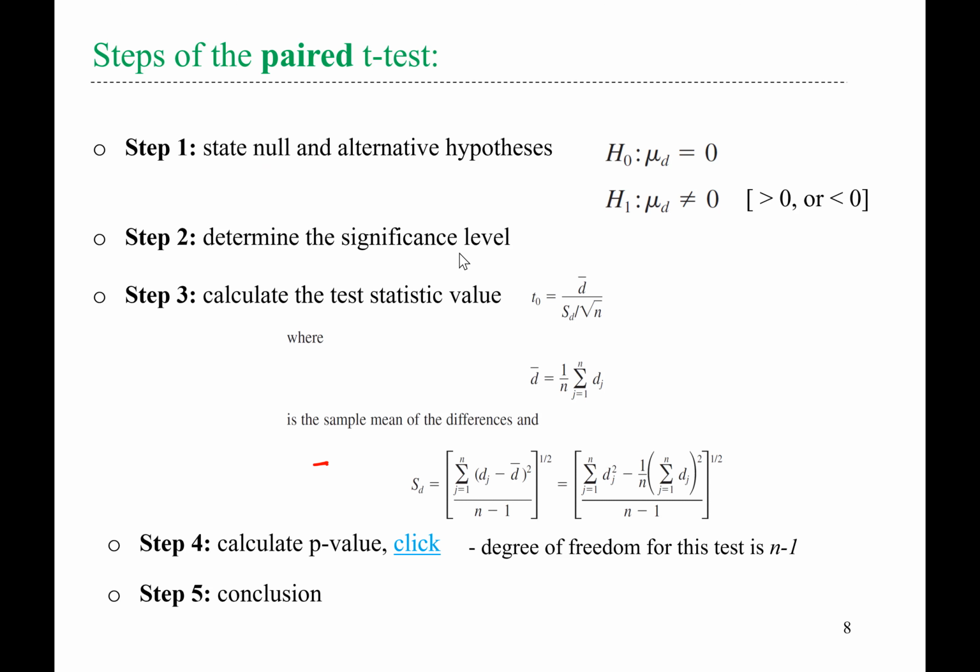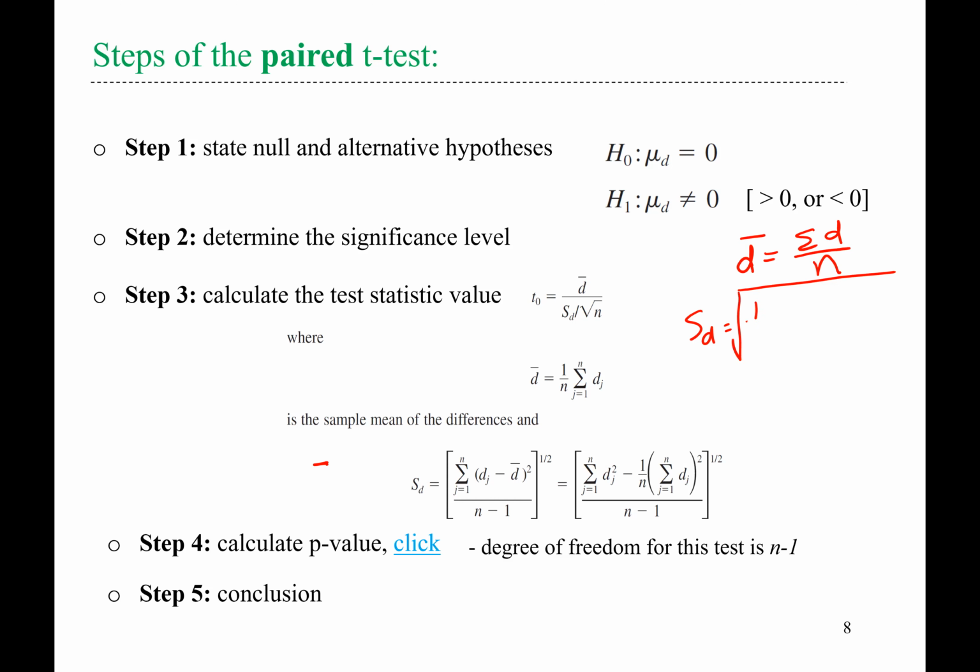The significance level as before, let's use 5%. Third step, calculate the t0 test statistic value. Test statistic value is D bar, the average of differences, divided by SD, the standard deviation of the differences, divided by square root of n. So what is D bar? D bar is the sum of the differences divided by n. What is SD? It is the same formula for the standard deviation.